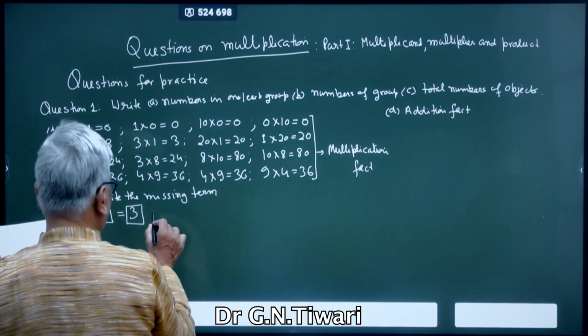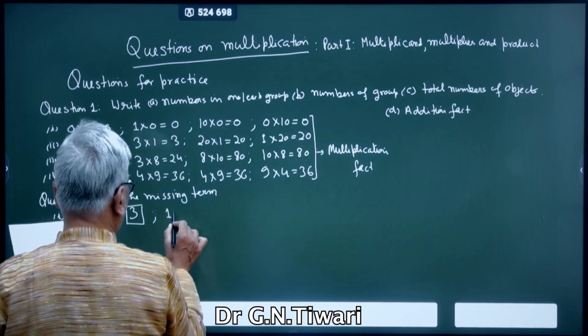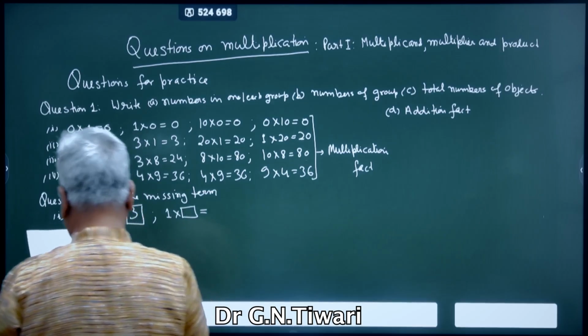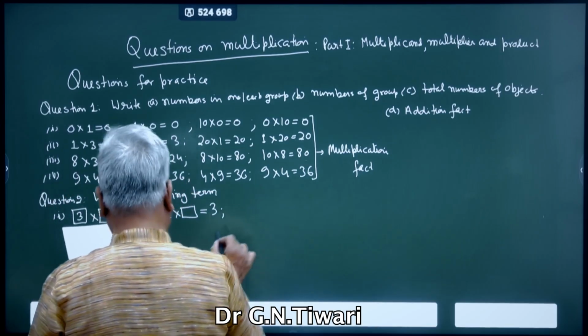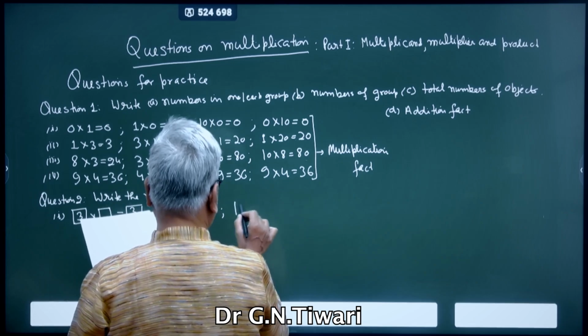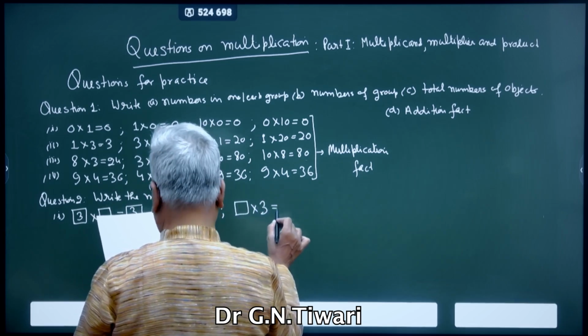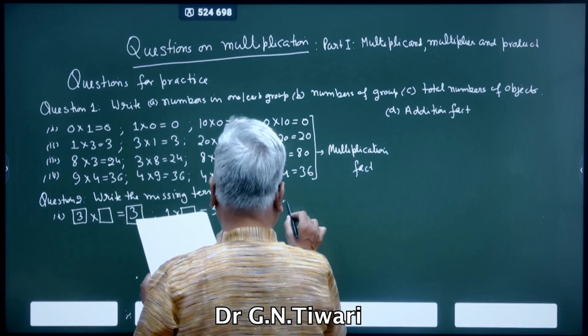You can also make it without a block, like 1 into this is equal to 3. Here, this into 3 is equal to 3.